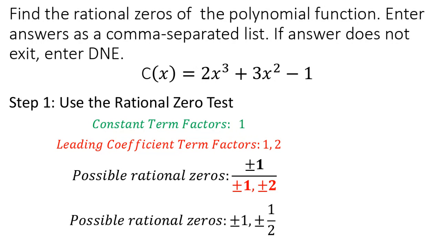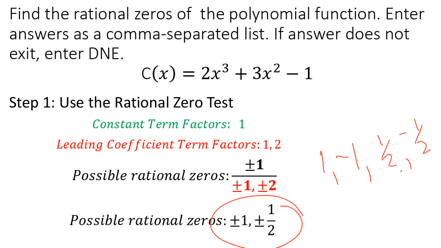So first I did the 1s, and then I'm going to do the 2. Okay, so this is going to be my possible zeros. That means you're going to either use 1, negative 1, a half, or negative a half, and we're going to use any one of those to do synthetic division, and then hope that we get a 0.